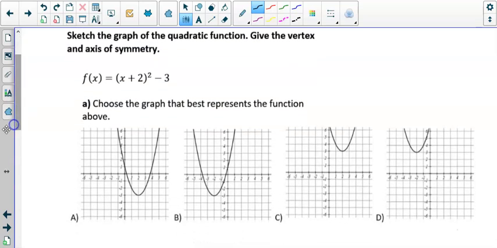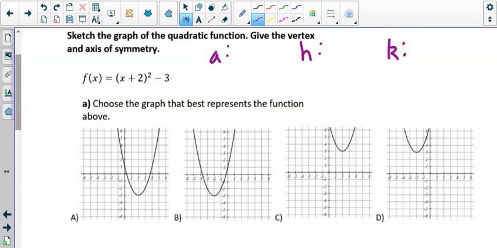So it's all about taking this equation, and if you can break it down, what the A, H, and K are doing, you're going to know which picture to grab. So up here, remember A controlled 2 things. It controls whether it's a U, it opens up, or whether it is an arch, it opens down.